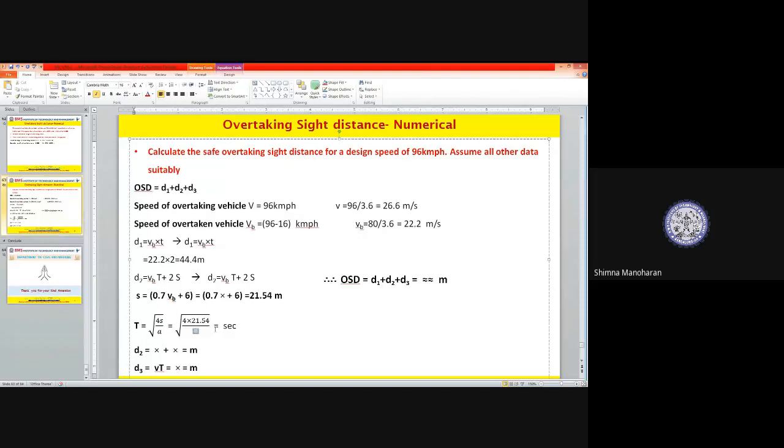I will show the table in the next class. I have not kept the table here in the slide today, so please remind me that this table is not being given. Next class I will keep the table ready. The acceleration is given as 2.5 kmph per second square. When you take it in meter per second square, it will be 0.75.